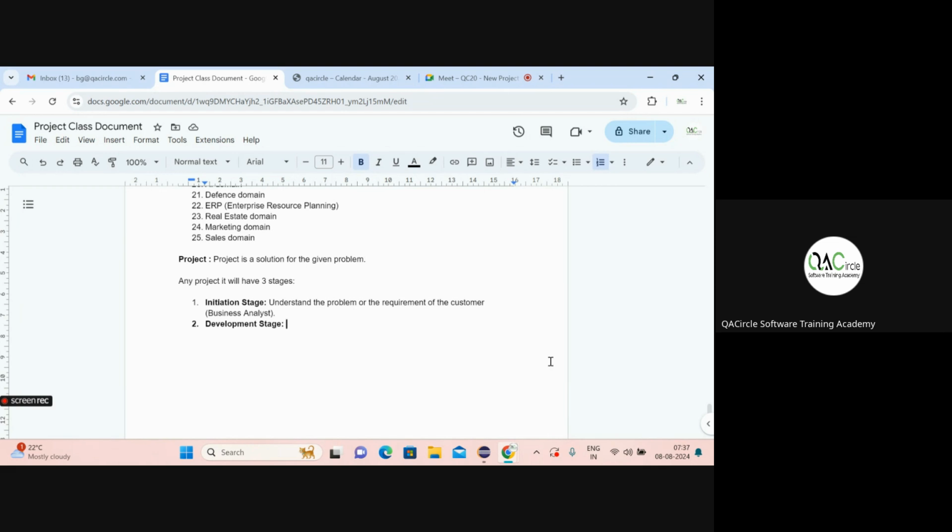This way, the quality of the application increases, and the customers, the end users who use the application, will also have better satisfaction. Clear?